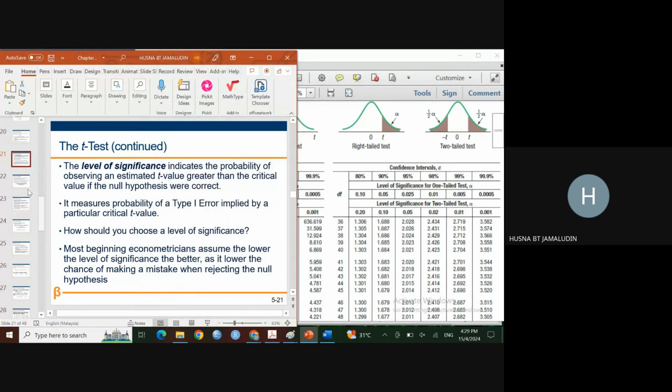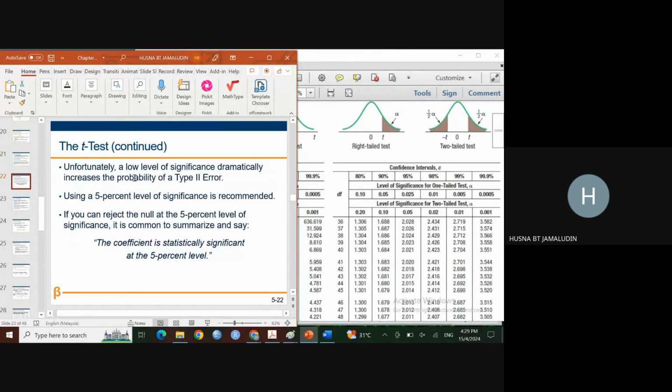Unfortunately, when you have a lower level of significance, when your alpha is low, it will increase the probability of type 2 error. So normally people will be using a 5% level of significance.